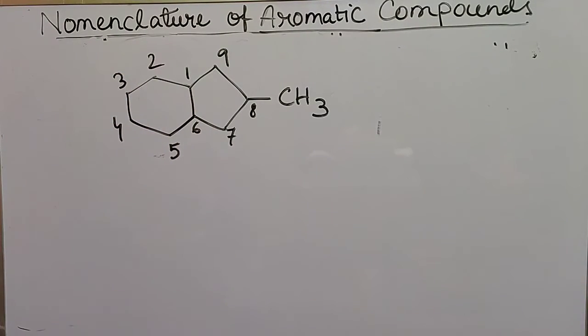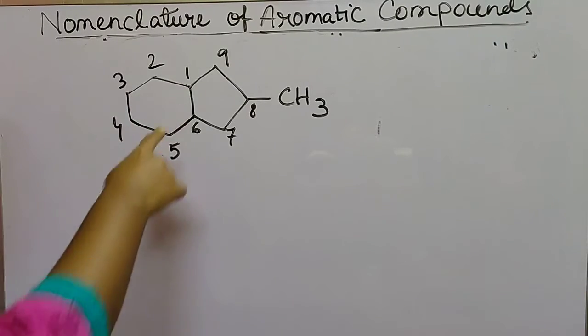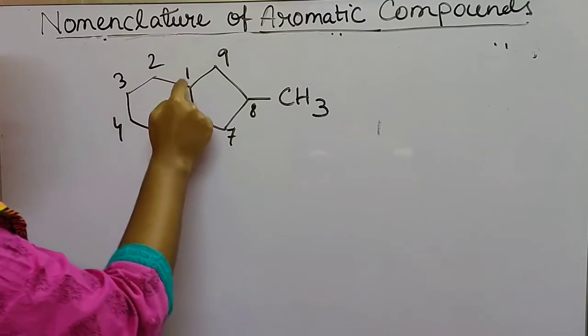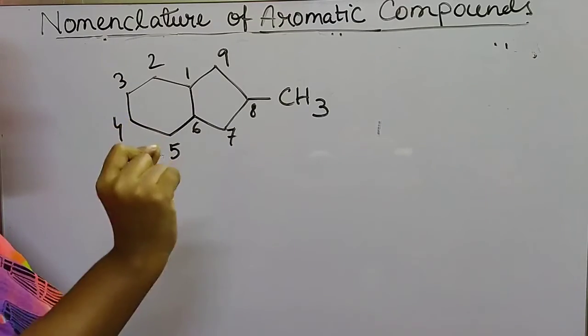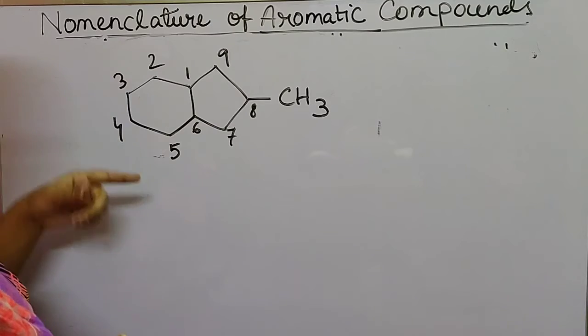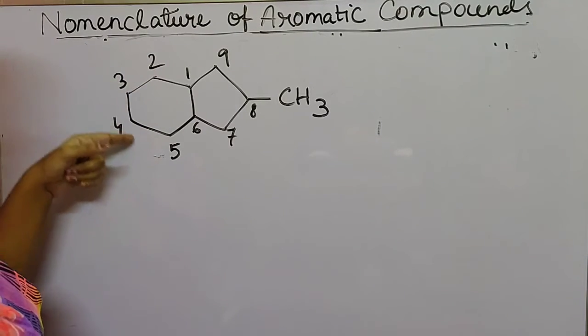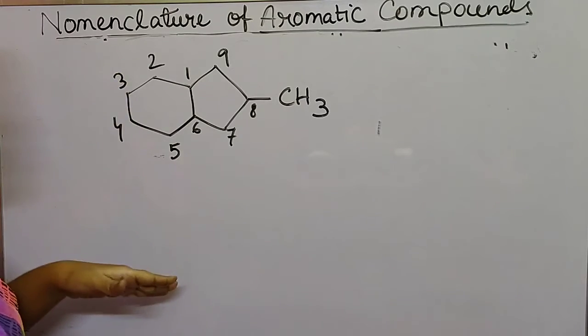So we have to start the numbering from the carbon. These carbons present at the joint part are 1 and 6. These carbons are present at the joining part of the 2 rings. So from which ring do we have to start counting? The ring which has the maximum number of carbons. From there we have to start counting.